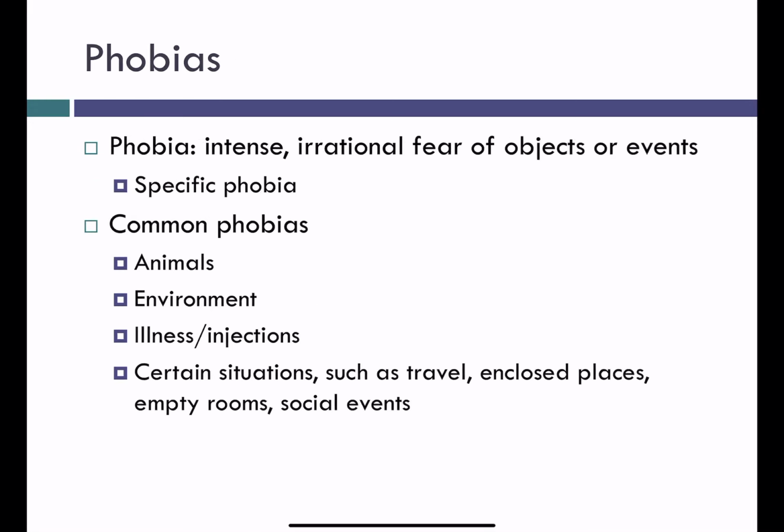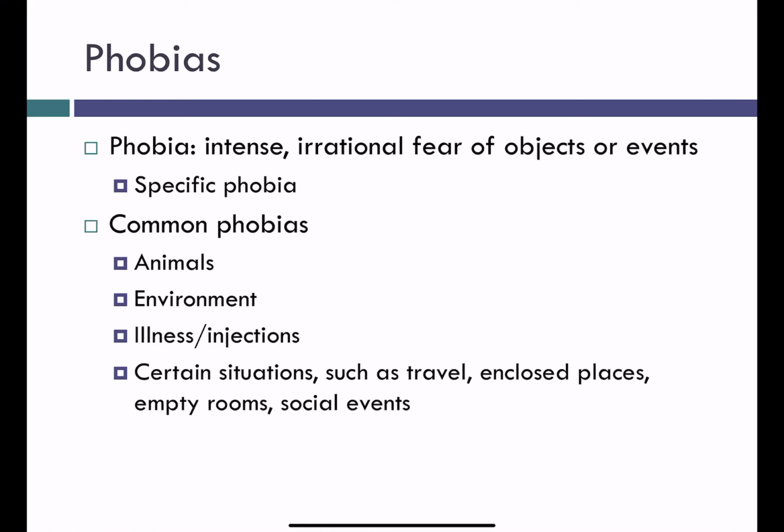Okay. Next, still in this anxiety category, is phobias. So phobias are intense and irrational fears of objects or events. And so these normally fall under the specific phobia category, where it is about something particular as opposed to generalized anxiety disorder, which is just this general sense of foreboding. This is a fear of something in particular that impairs an individual's ability to function.